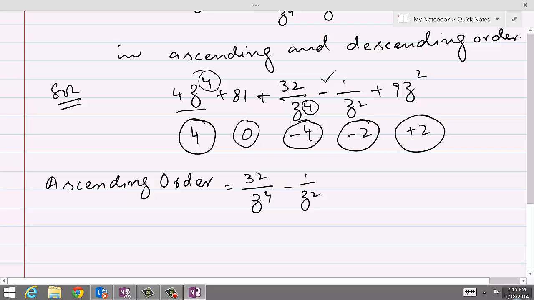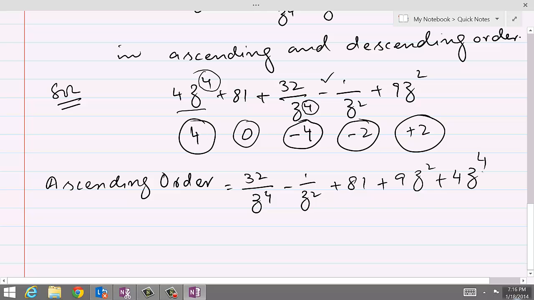Remember, this negative sign is part of this term. So whenever you are wanting to write the term, you have to write that negative sign with it as well. And then 0 plus 81, and then plus 2, that would be plus 9 z square, and then plus 4 z power 4.